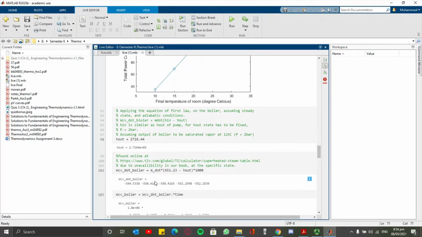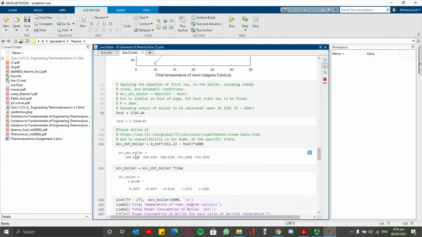We also found H out for the boiler. So again, for the analysis of the boiler, we knew the states of it, and we know that it's adiabatic, so there was no Q loss.